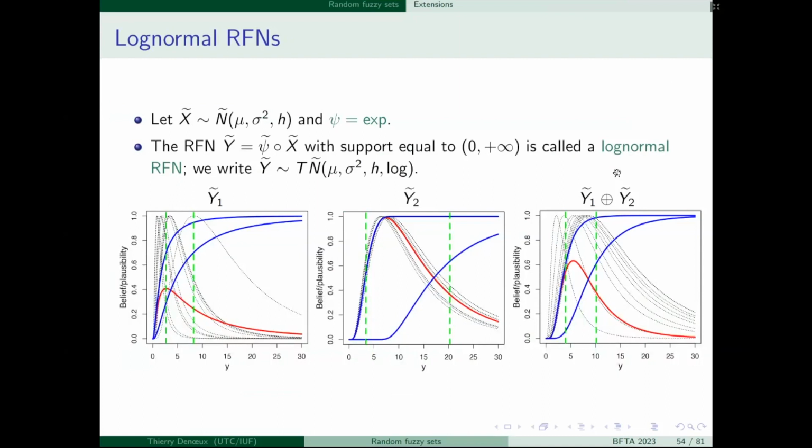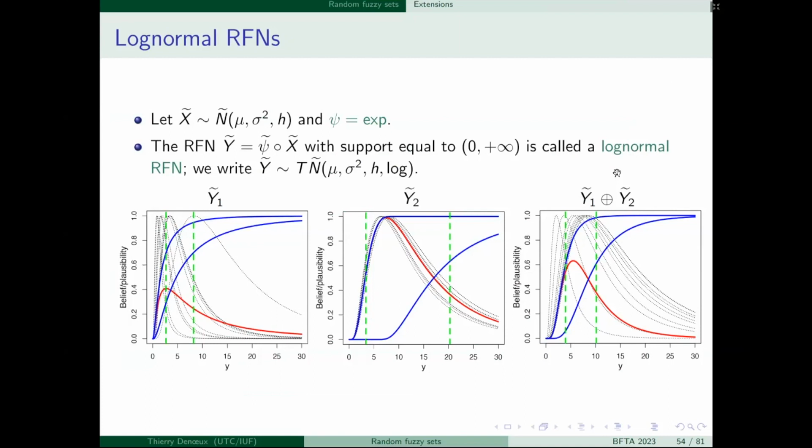So it's a random fuzzy subset on the positive real line, and I call it a log normal random fuzzy number. Okay, we do the same here as in statistics when we define the log normal distribution. Some y has a log normal distribution if its logarithm has a normal distribution. So the same thing here.